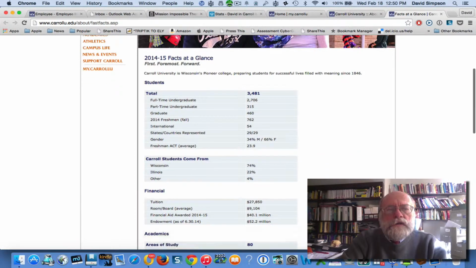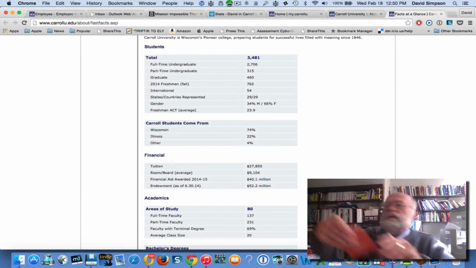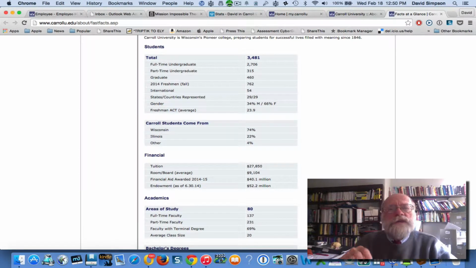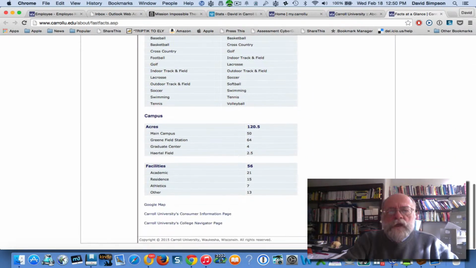There are facts. That looks very much like this fast facts document that has some facts that the numbers don't add up. And in fact, it does have this first, foremost, forward, so that may be the same perpetrator. Okay, oh wait a minute, here I can go to Carroll's College Navigator page.